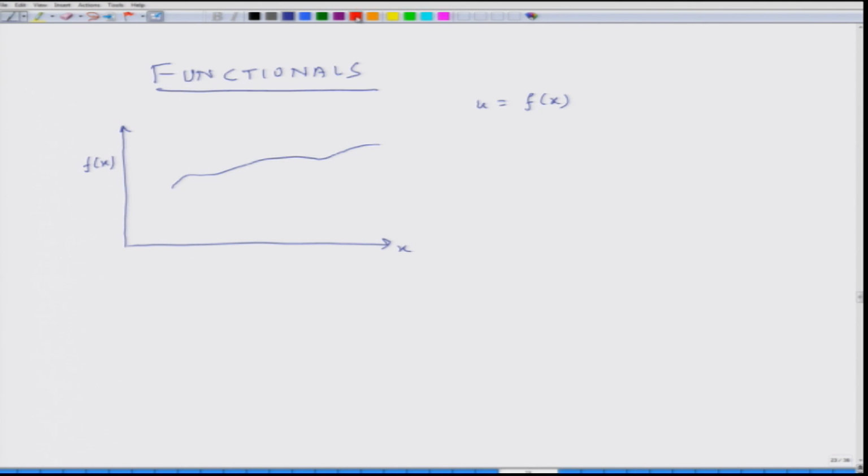And suppose I am interested in finding the length of this curve. So how will I do that? Suppose u is f of x and I want to find out the length of this curve.